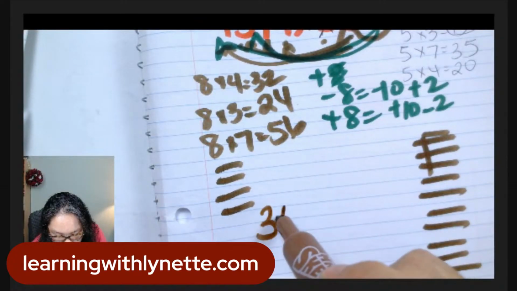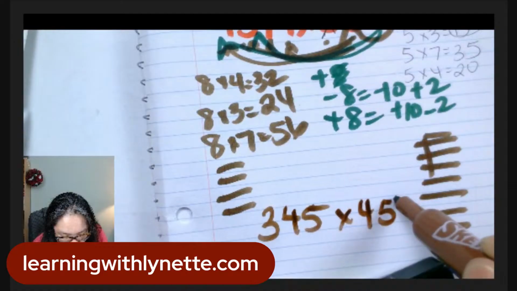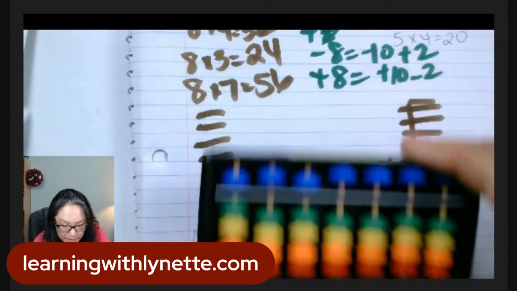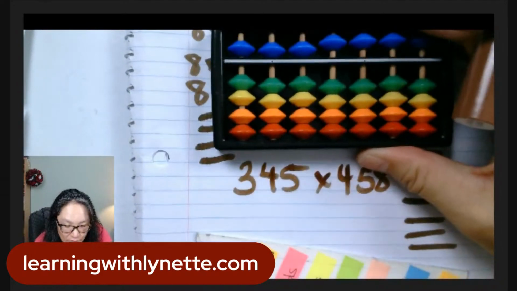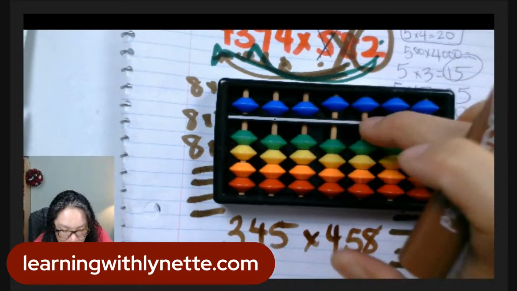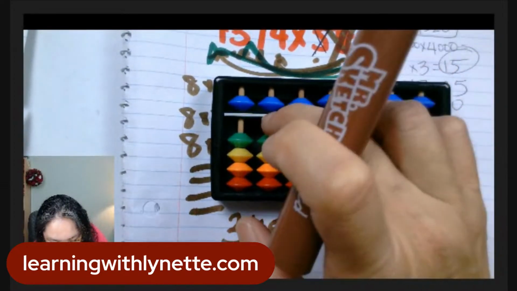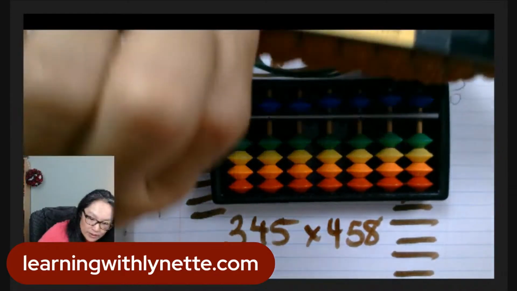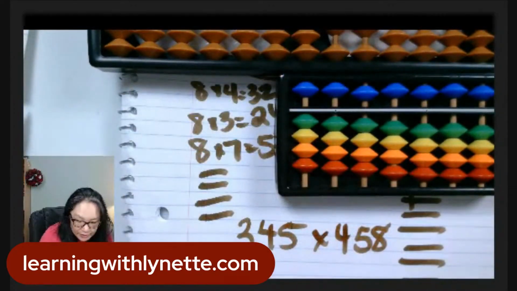Even doing 345 times 458 is still too difficult on this one. If you follow the dot indicator, you can't do more than 5 digits. This is already 6, so that's why I would recommend the 13 column one. But that's very interesting.